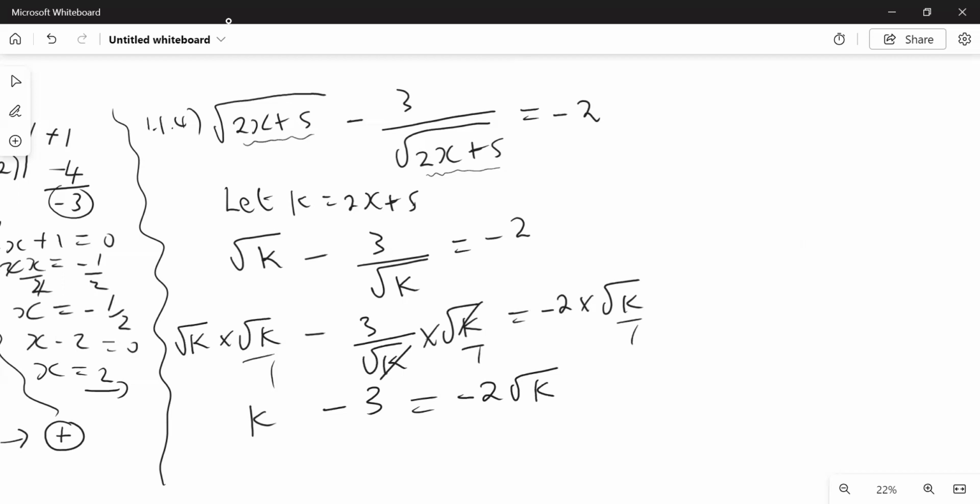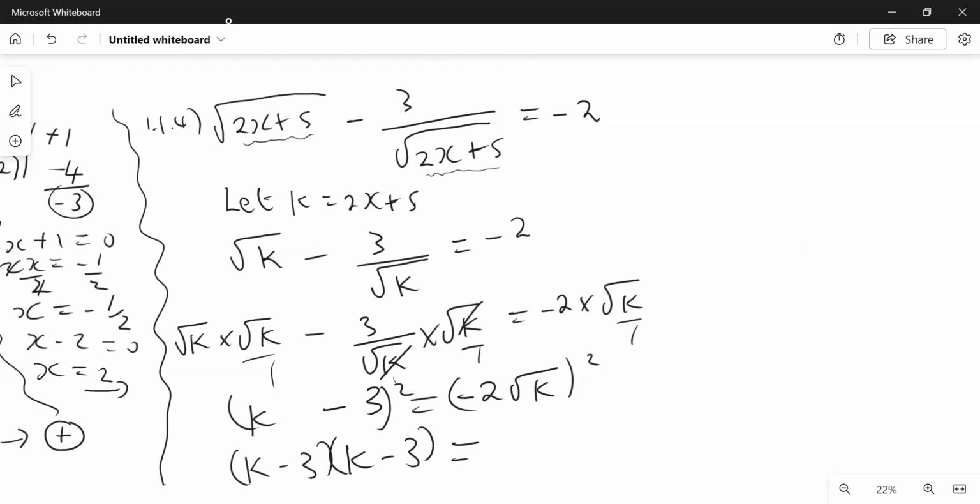Then from here, we still have the square root. How do you remove the square root? We need to square both sides. Now I'll end up getting K minus 3 as well as K minus 3 because of that squared, which means I need to open these two brackets twice.